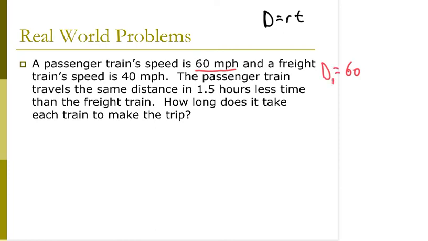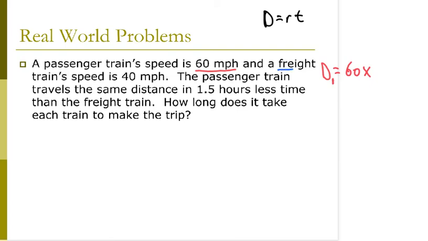Notice that they ask you in the question here, how long does it take each train to make the trip? So that's our variable. We don't know how long it's going to take. So it's 60 times some unknown amount for train 1. For train 2, its speed is 40 miles per hour.